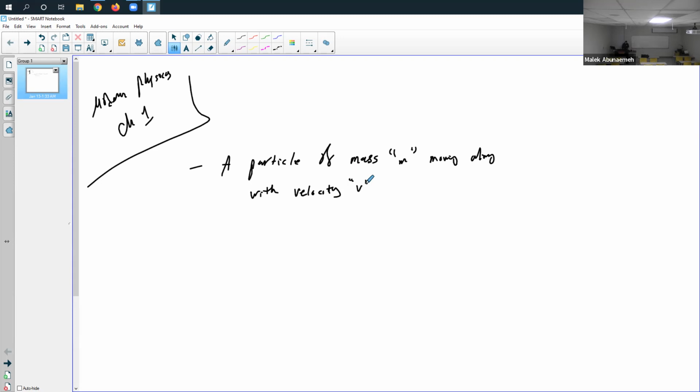Now, if your particle has a mass m and is moving with a velocity v, that means it has a kinetic energy, which is defined as 1/2 mv squared, or a lot of times you like to write mv squared over 2.